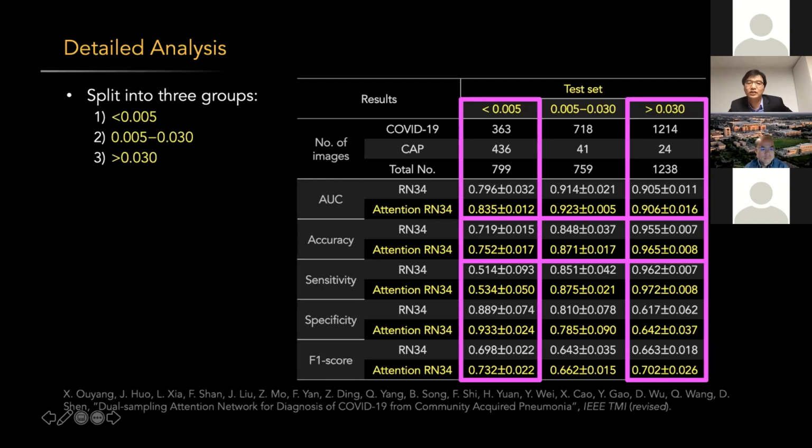Our attention guided algorithm can improve accuracy by 3.3%. For the medium size, we can increase 2.3%. And for the larger size, our increase is 1%. 3.3, 2.3, 1%.